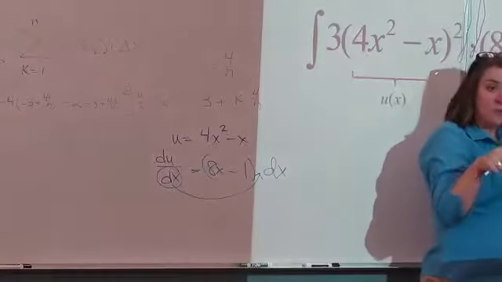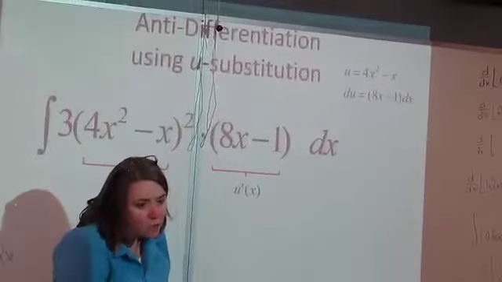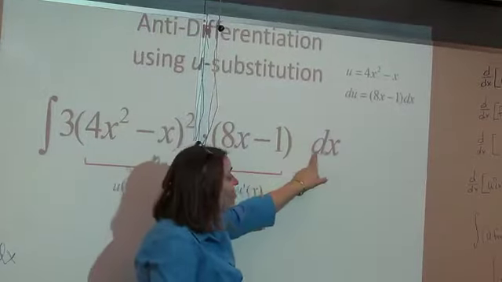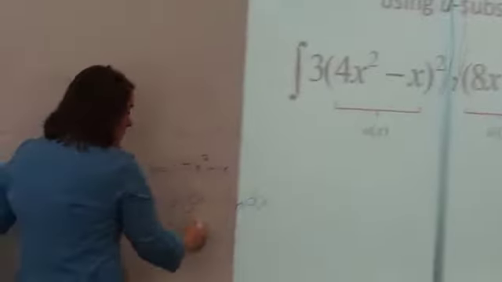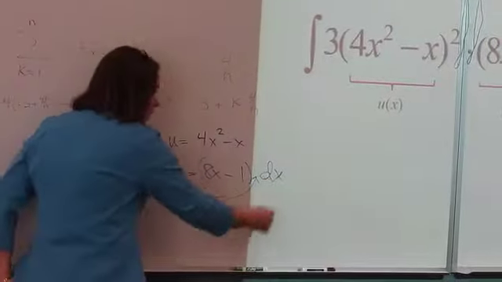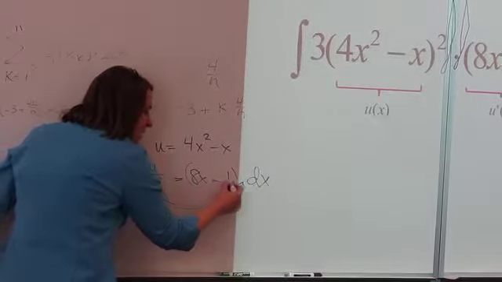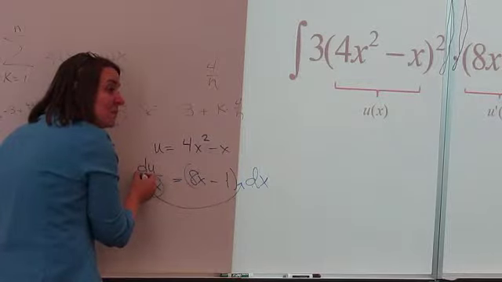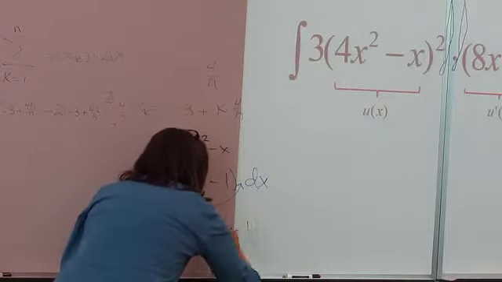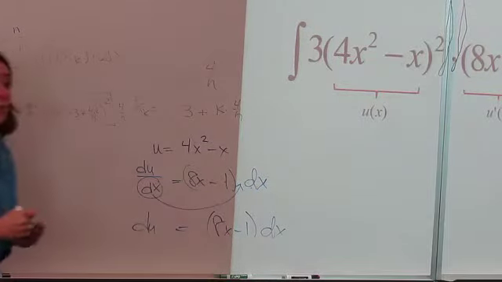Currently I have a differential, a bookend, called dx. If I'm going to change over to u, I'm going to have to change over to du. So I do a little scratch work, Leibniz notation, bring the dx over. And it says anywhere I have 8x minus 1 times dx, I can replace it all with du. Anywhere I have 8x minus 1 dx, I can wrap it up in a new differential.